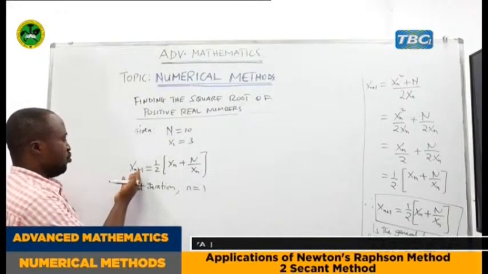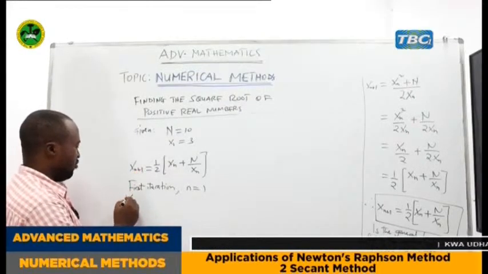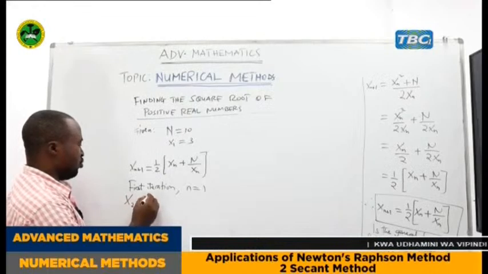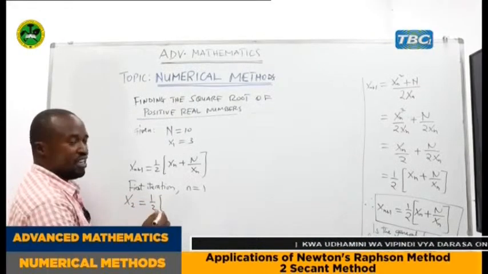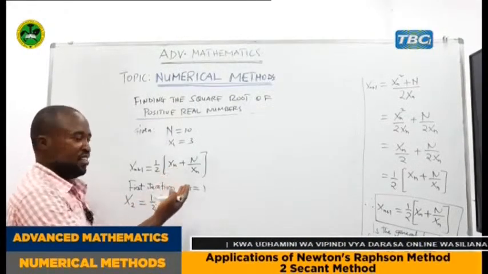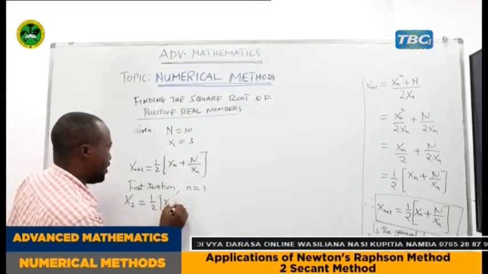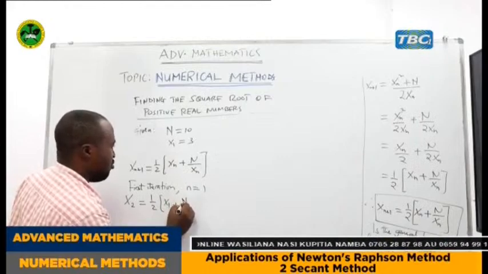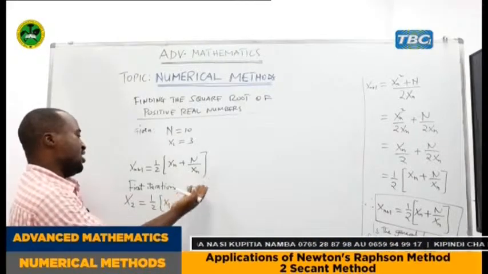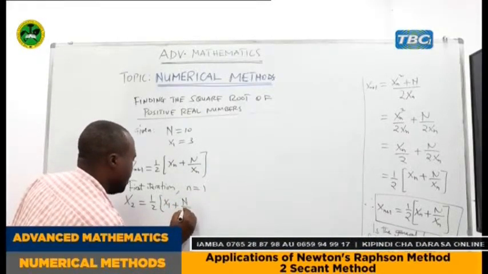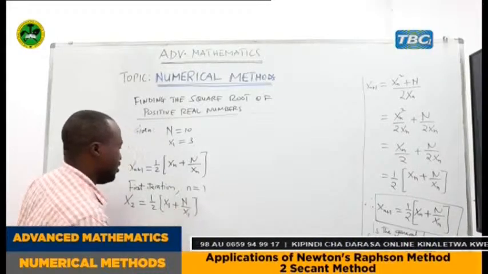So if n is equal to 1, that is 1 plus 1, we are going to have x2 is equal to a half. Then again, here we have xn. Remember, n is 1, so we are going to have x1 plus, again we have n over xn, our n is 1, so that is x1.